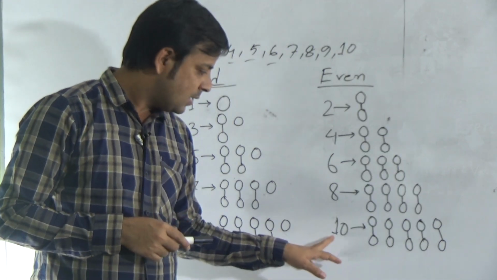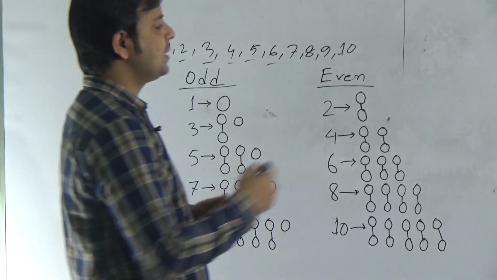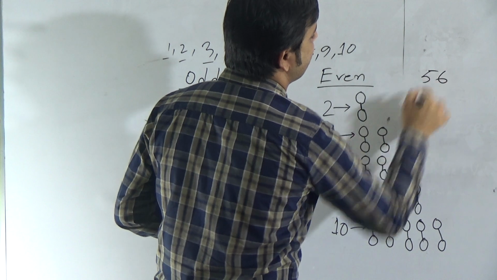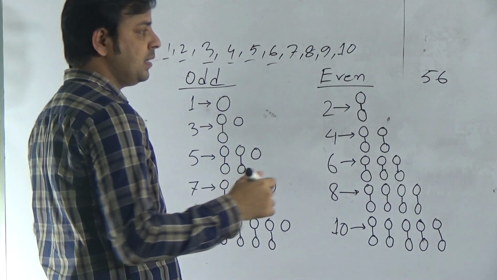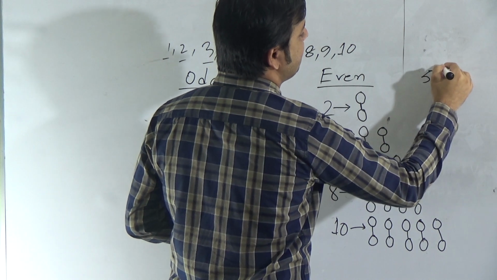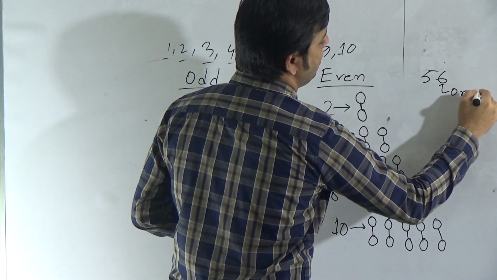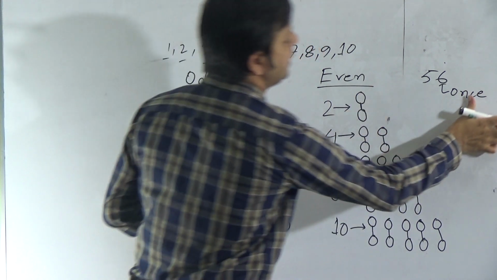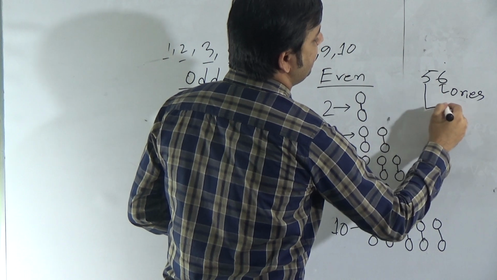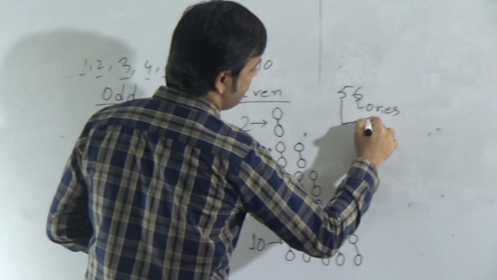Students, if we write a number of 2 digits, suppose I am writing 56. 56 is a number. Here 6 is the last digit, and this last digit is known as the ones place. The position of this digit is ones, and the position of this other digit is known as tens.